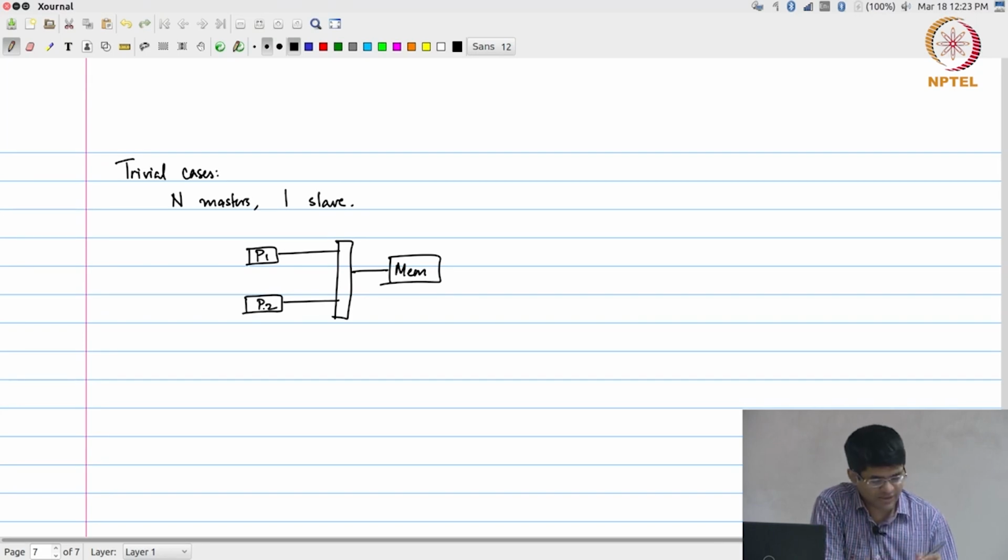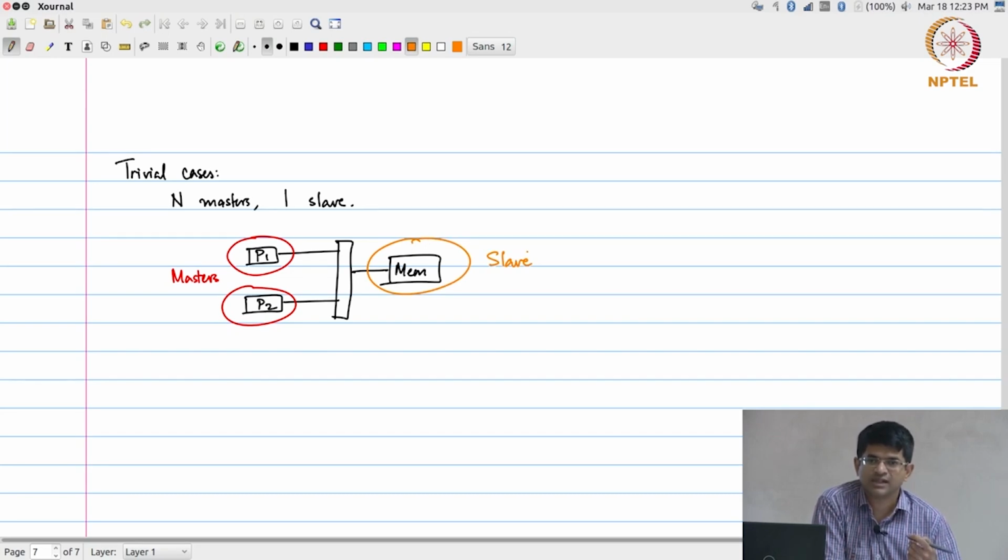Okay. So, both of these would be masters, whereas this one would be a slave. Think about it, the memory by itself is never going to try and transfer data somewhere, right. The whole idea of a memory is it's a storage space.